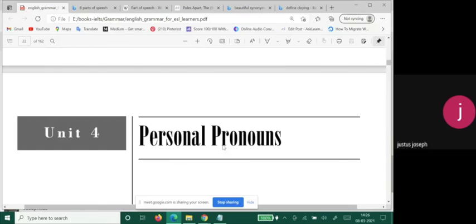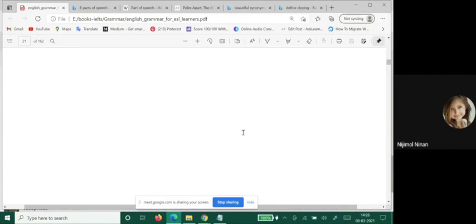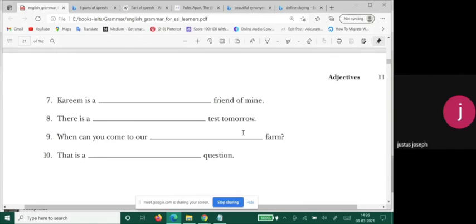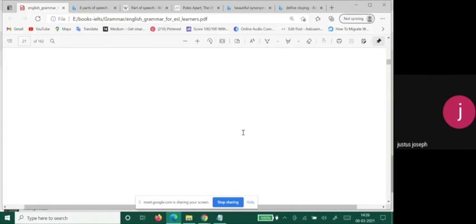Thank you. That's all. Any doubts, anyone? No. So just a quick recap, we have covered three chapters: nouns, articles, determiners, and adjectives. Today we went a bit in detail.